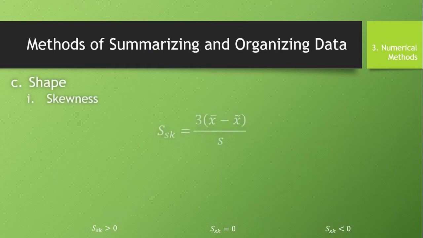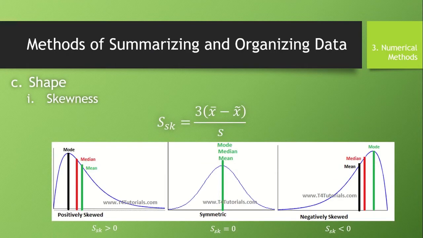Next, we'll proceed with shape. Now we have skewness and kurtosis. Skewness can be solved using this one: 3 times the quantity of x bar minus x tilde, divided by s. Take note, x bar is your mean and this is your median.